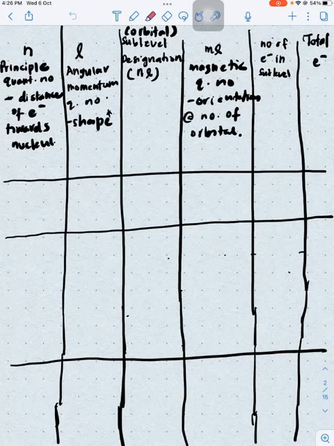Simbol dia n. So apa nama dia? Nama dia adalah principal quantum number. So apa function principal quantum number ni? So the function is it will tell us the distance of electrons towards a nucleus. It will tell us the energy level.